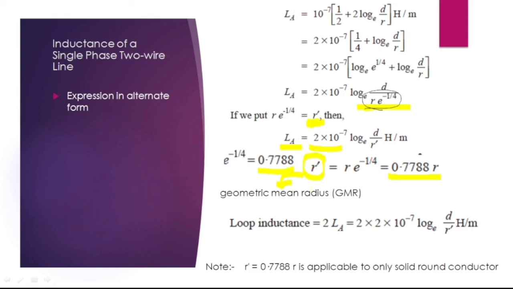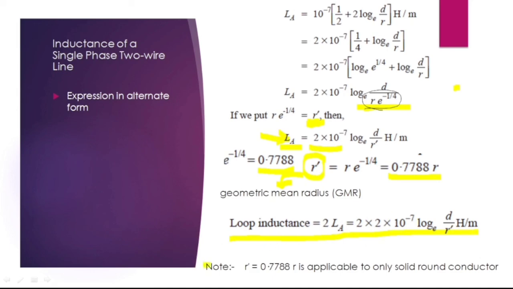Then by the consideration of this r dash value, the loop inductance value is also getting as loop inductance is equal to 2 into LA. We are getting here the LA value into 2, that is 2 into 2 into 10 to the power of minus 7 log d by r dash Henry per meter.